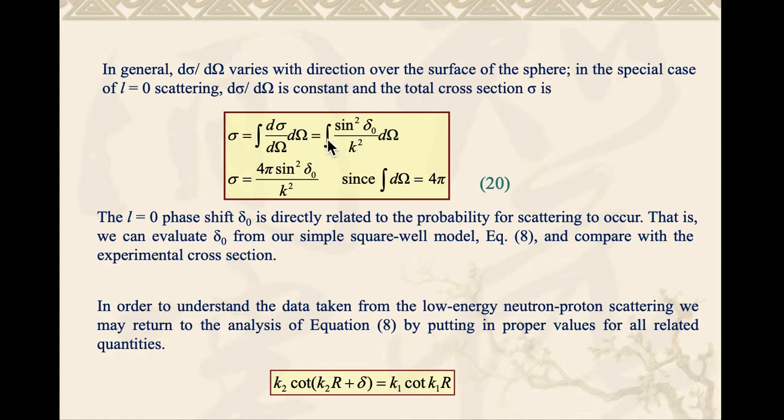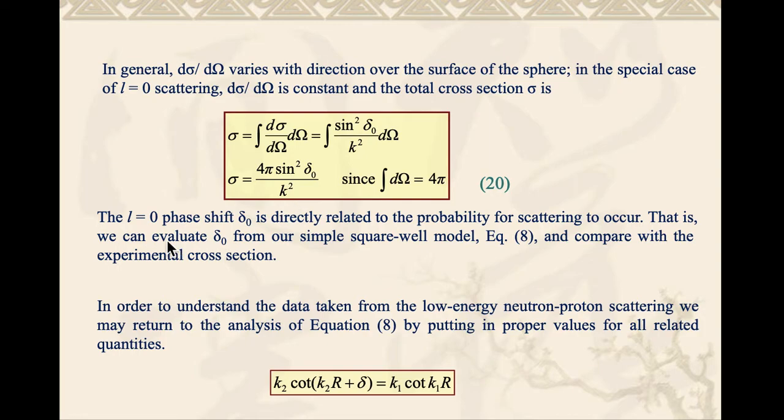We have written d sigma by d omega as sine square delta 0 by k square, which is a constant for a spherical surface, so it can be taken outside the integral sign. The remaining integral of d omega is the total solid angle, which is 4 pi. So sigma equals 4 pi sine square delta 0 by k square.